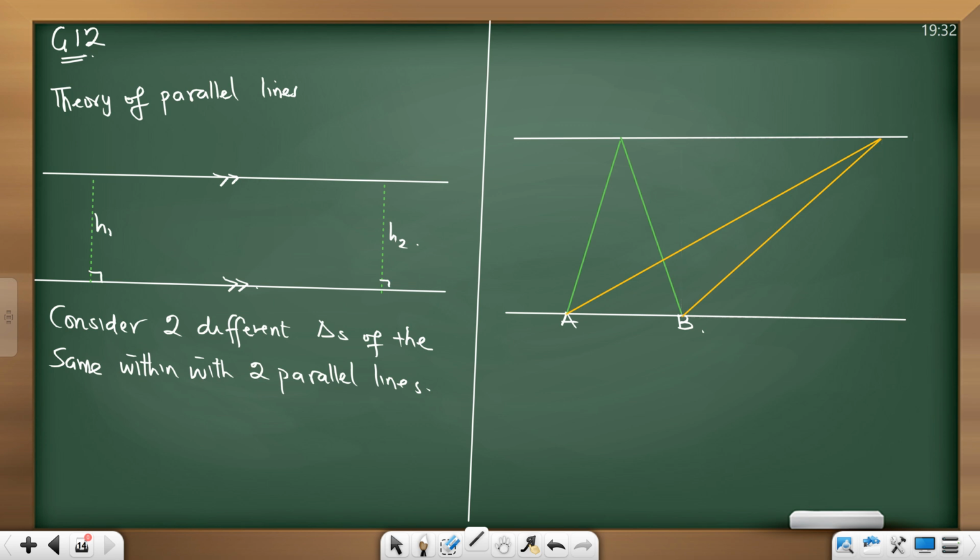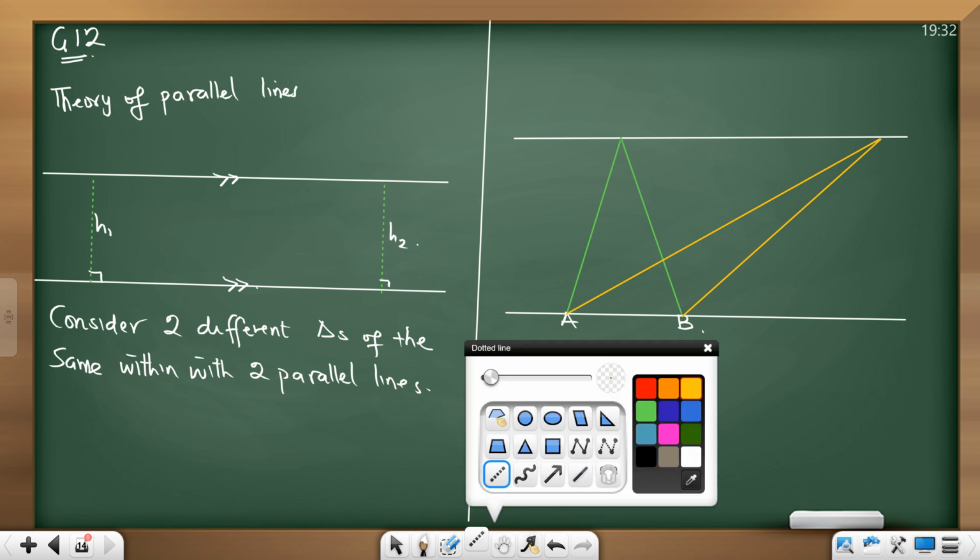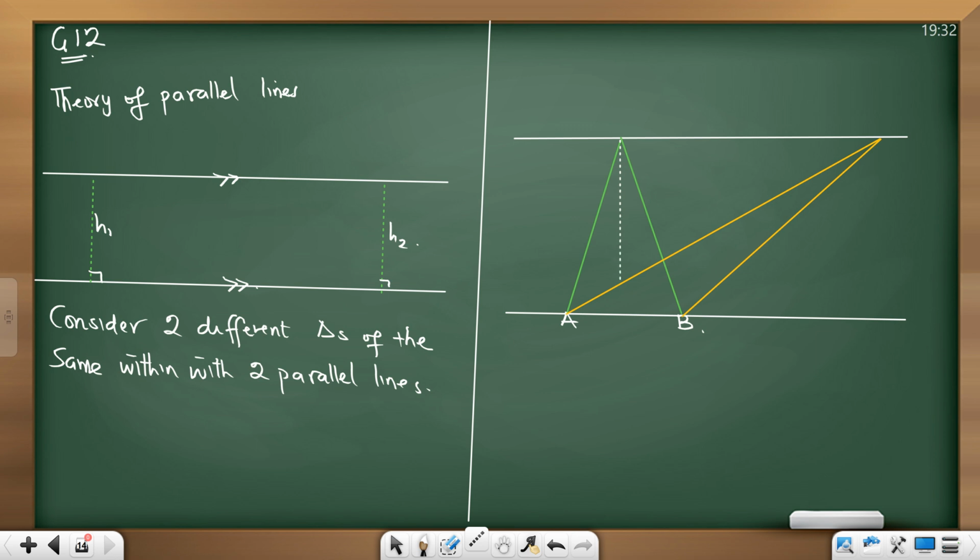But the amazing thing is that they have a common what? Base. And they also have a common height, because height is measured from the vertex perpendicular to what? To the base. Let's call this H green. And this one will be what? H yellow.